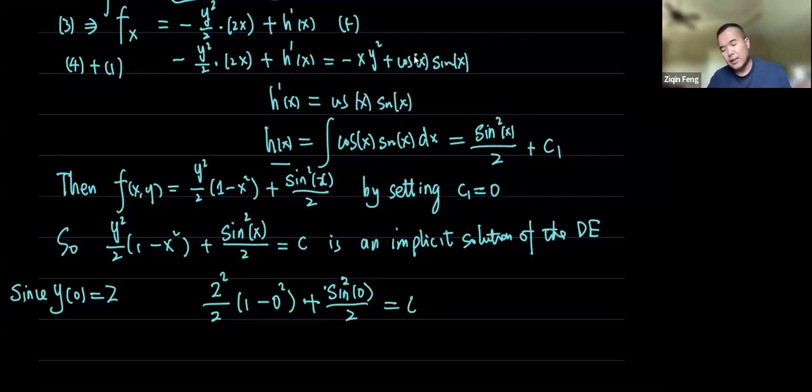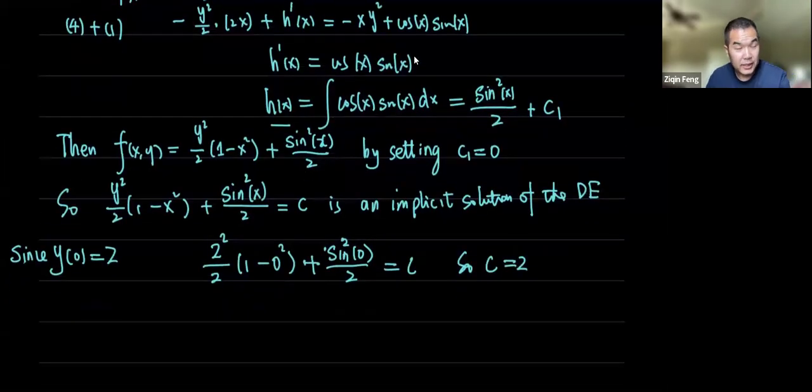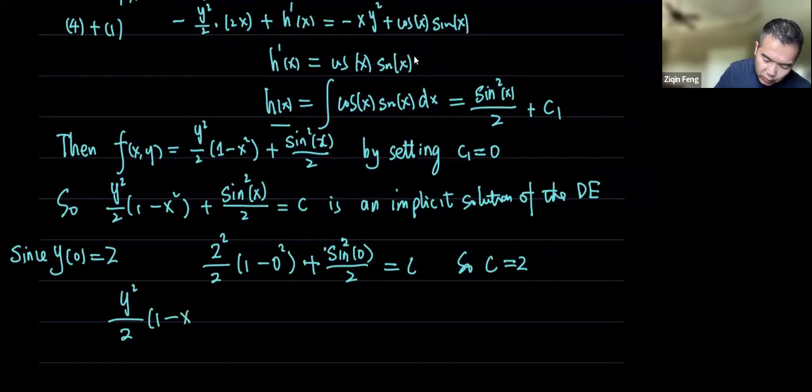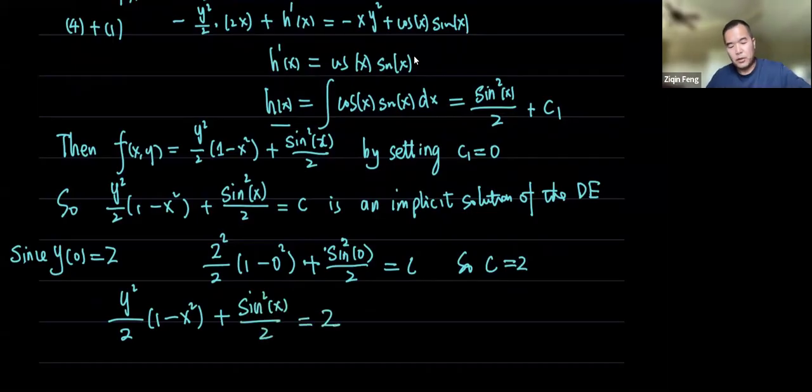Now you can see that sine of 0 is 0, and 2 squared over 2 is 2. So c here equal to 2. So a solution for the initial value problem is y squared over 2 times 1 minus x squared plus sine squared of x over 2 equal to 2. So that's basically a solution of our differential equation, right?